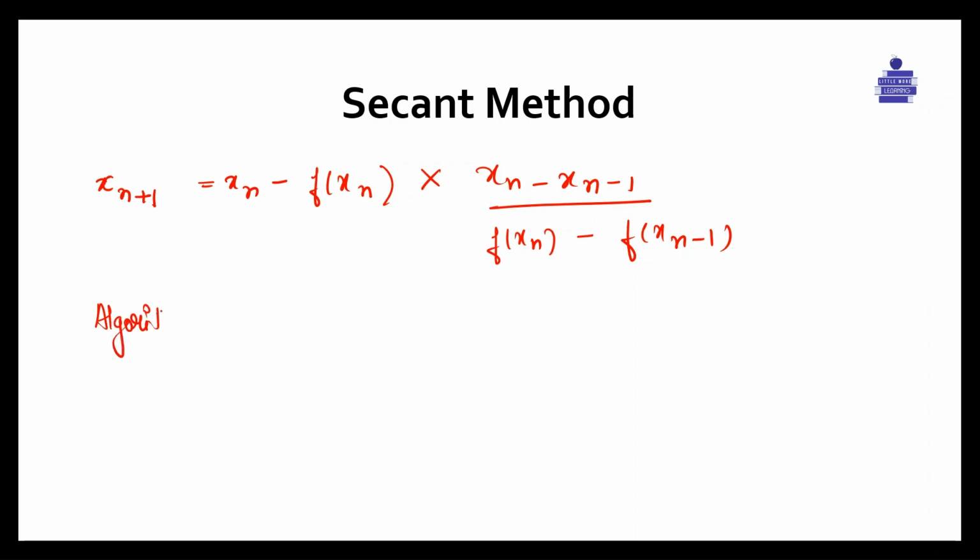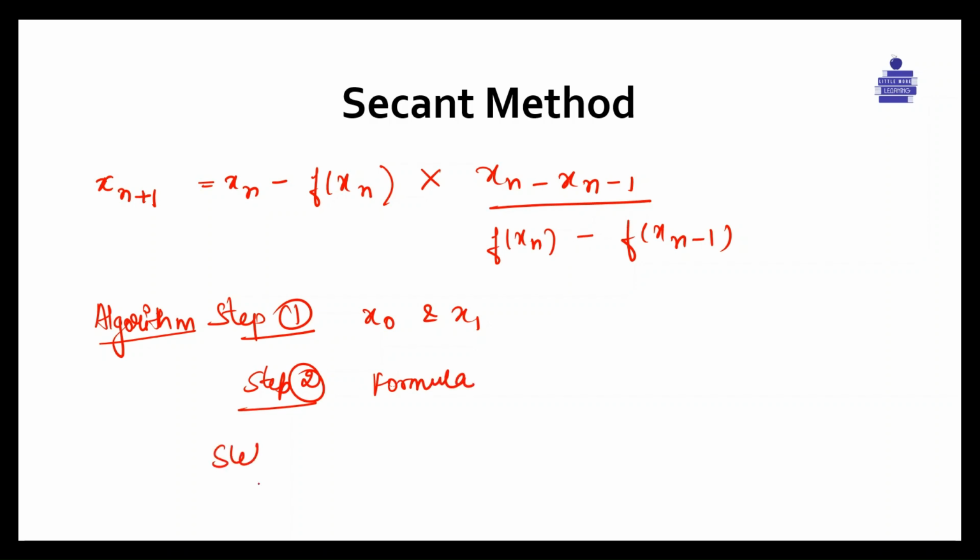Algorithm steps include: step number 1 is to choose the two initial estimates, that is x0 and x1. Step number 2 is to compute the next estimate using the formula. Step number 3 is to repeat until the desired accuracy is obtained.